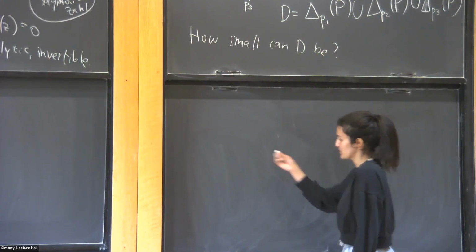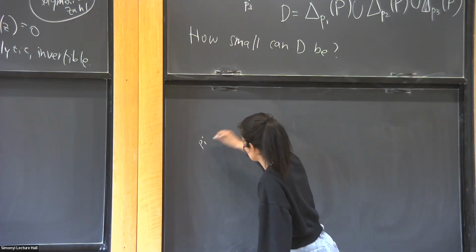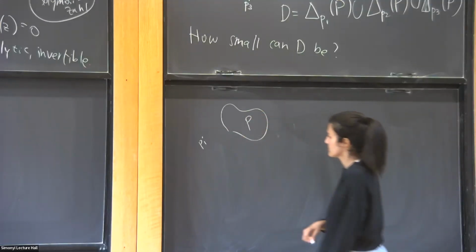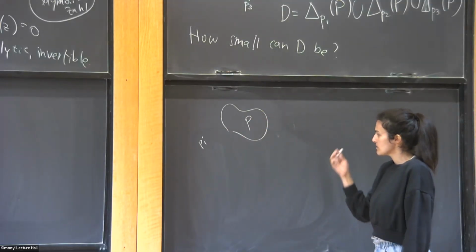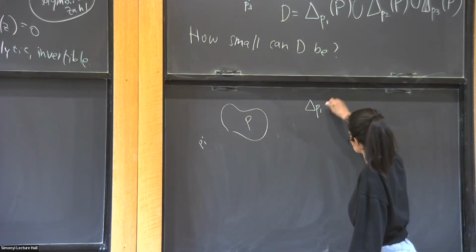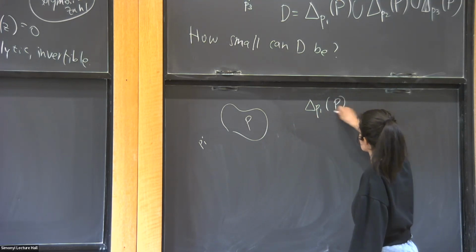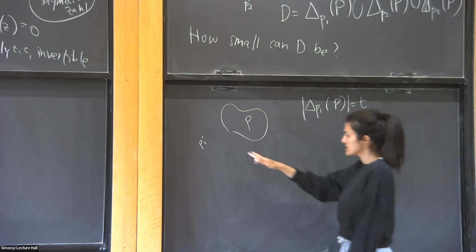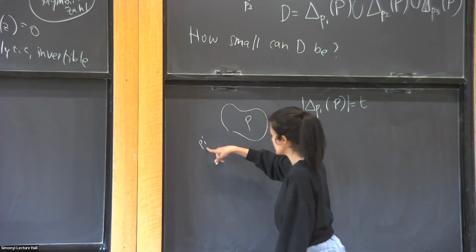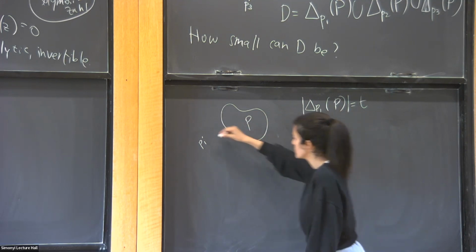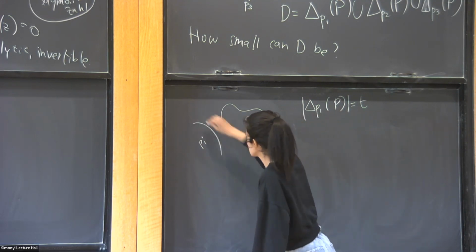So let's start with 1 point, P1. And we have all the distances between P1 and the set P. So let's say the size of this set is T. So what does it mean? It means that if the distances between P1 and this set are of size T, we can just take circles centered at P1.